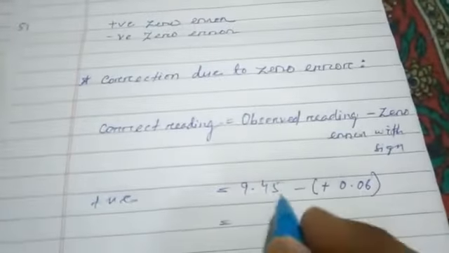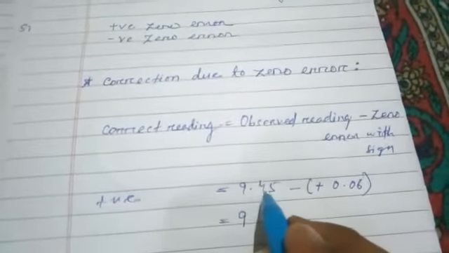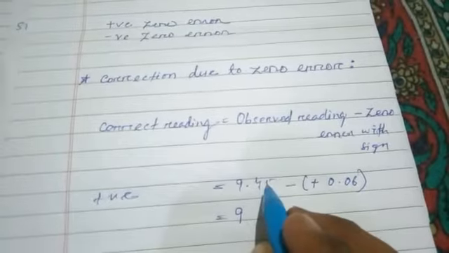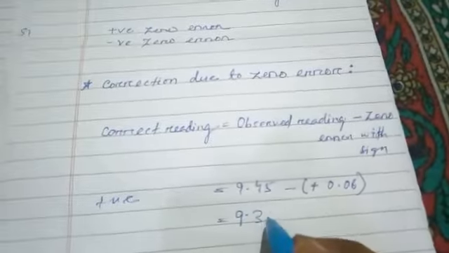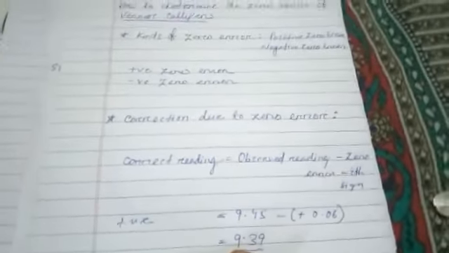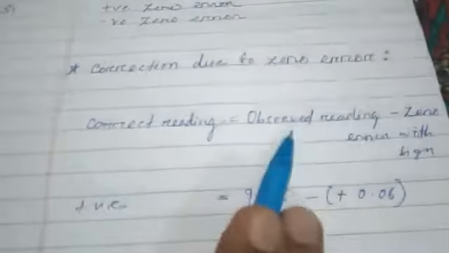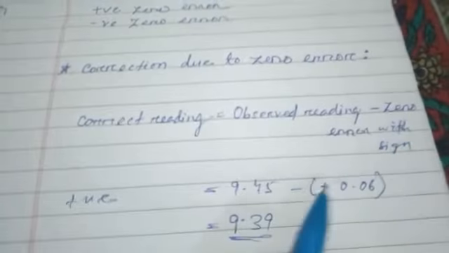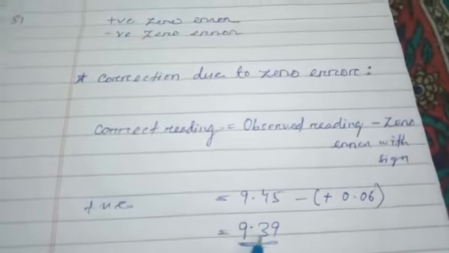Then you will get the value. How much is it? 9 point, you can say 1 is borrowed, so 15 minus 6 is 9. So you can find here 9.39. So this is your final reading after the positive error is removed. Look at that. This is called your observed reading, and the correct reading you will get is observed reading minus zero error with the sign. First case, positive error means the positive error has to be subtracted.